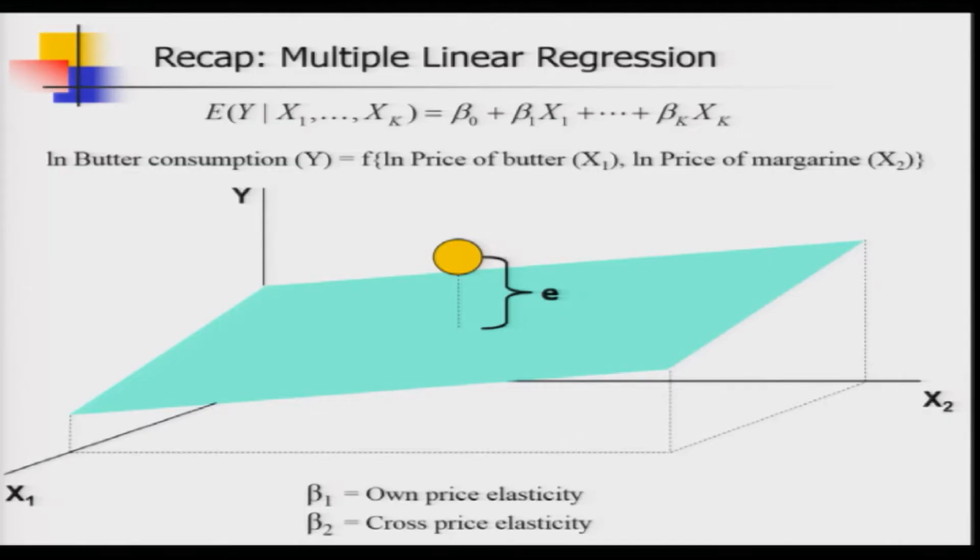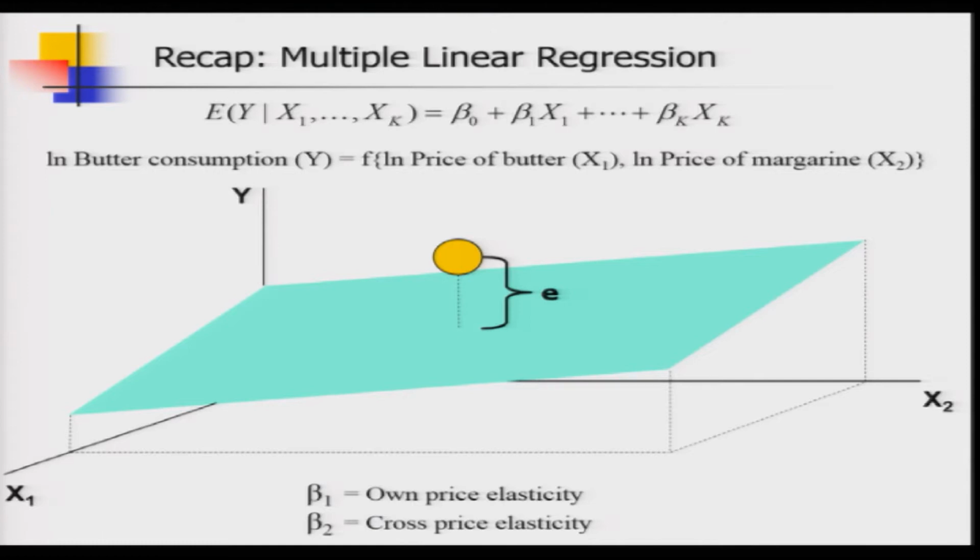Let us take an example from microeconomic theory. Let us focus on butter consumption, and that is our y variable. We take the logarithm of butter consumption data, so that is my y variable, and then I assume that butter consumption depends on the log of price of butter, denoted by the x1 variable, and the log of price of margarine, which is my x2 variable.